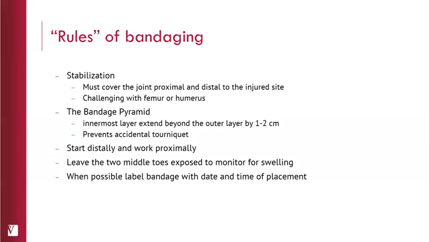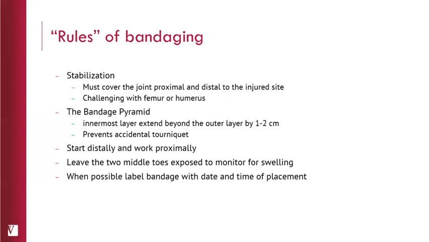If we're using a bandage to try and stabilize a fracture or luxation, we must make sure that we can completely stabilize and immobilize the joint proximal to the injury site, as well as distal to the injury site, which means that if we've got a femur or a humerus, that's going to be much harder to stabilize than if we have one of the more distal long bones fractured or luxated.